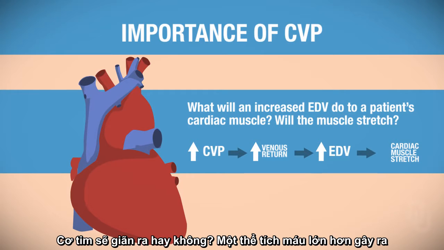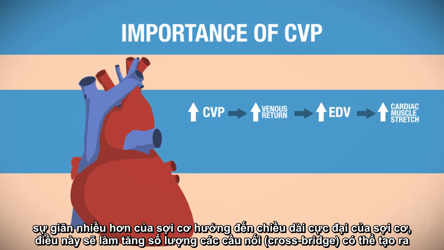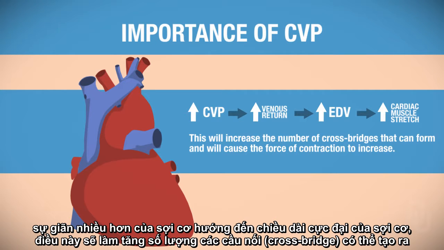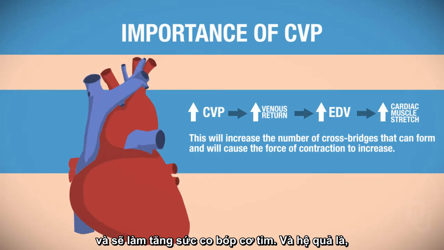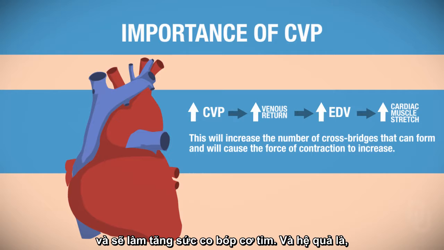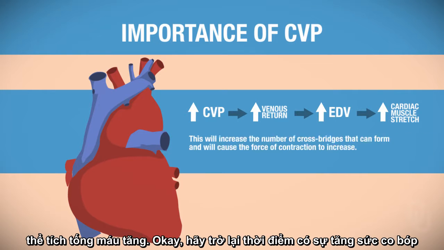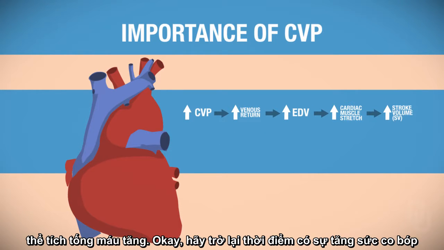A greater volume of blood causes more stretch toward the optimal length, which will increase the number of cross bridges that can form and will cause the force of contraction to increase. As a result, this will cause the stroke volume to increase.